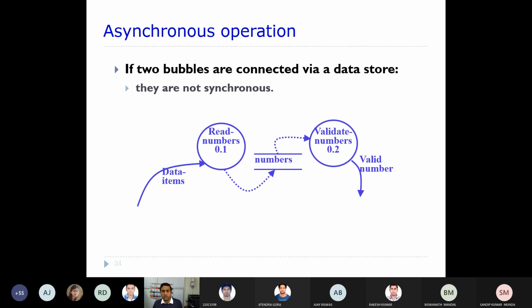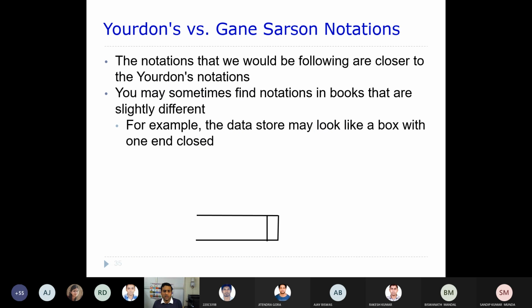I told you there are 5 different methodologies, and we exactly use one of them. Sometimes when you search for these data flow diagrams on the internet, you will find different notations, but limit yourself to the notations I told you throughout my lectures.